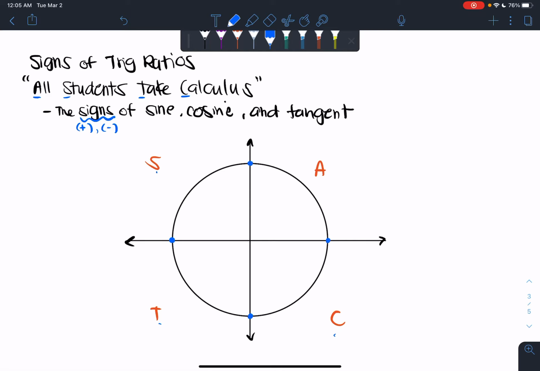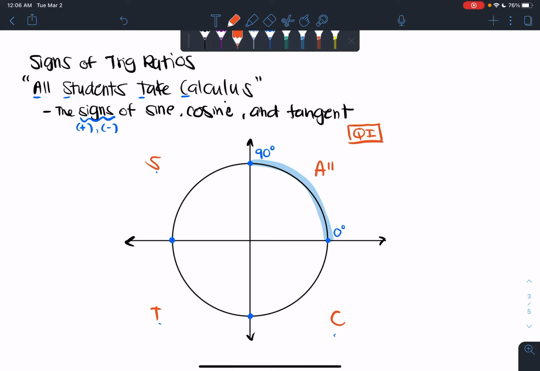So let's examine quadrant 1. Quadrant 1 goes from 0 degrees to 90 degrees. Whenever our theta is 0 to 90, then all ratios are positive.